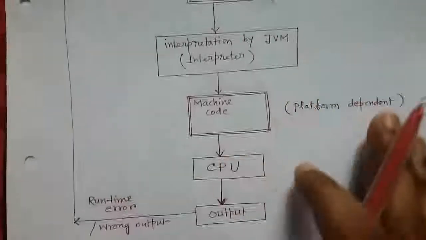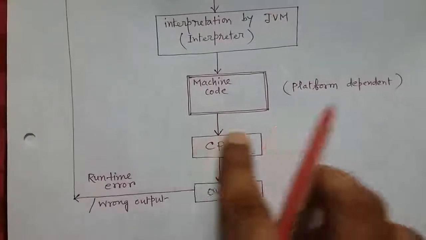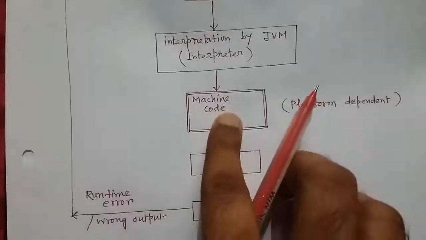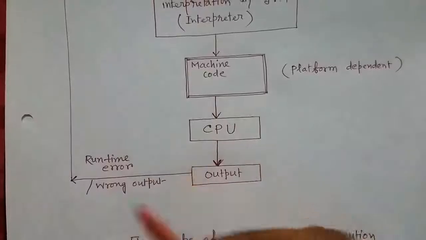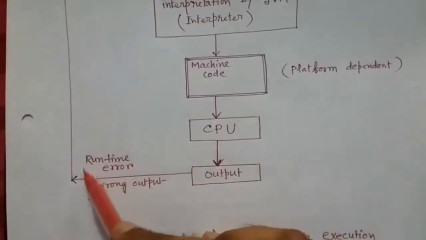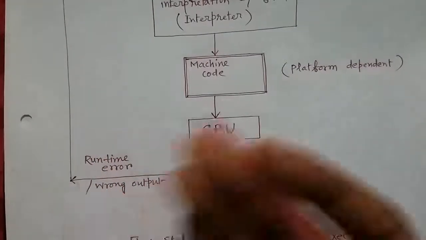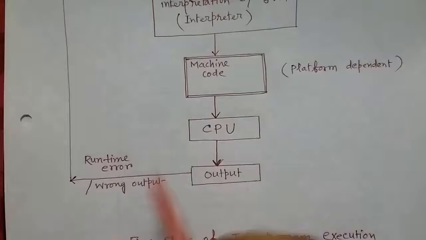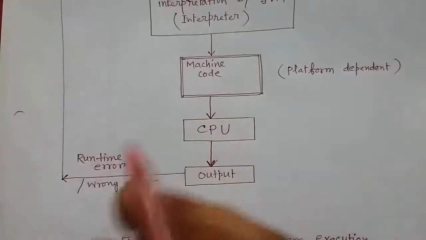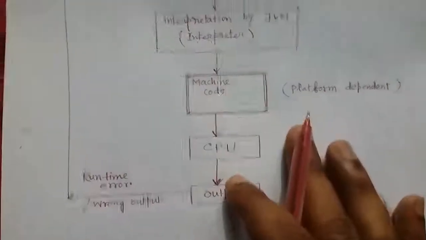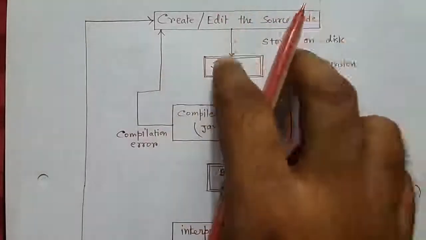The same thing happens in the case of output also. When the CPU executes the machine code, if any error occurs at that time, those types of errors are known as runtime errors. Or suppose a wrong output is produced. Suppose you want the output 6, but the output came as 1, that means a wrong value, and your program is not correct at that moment.